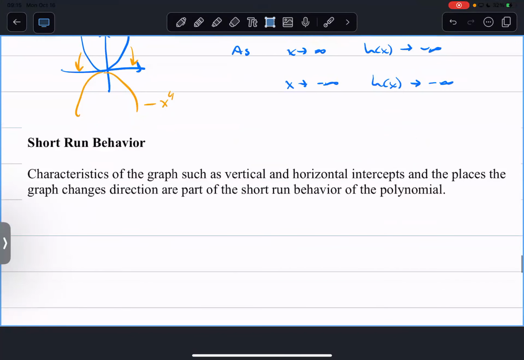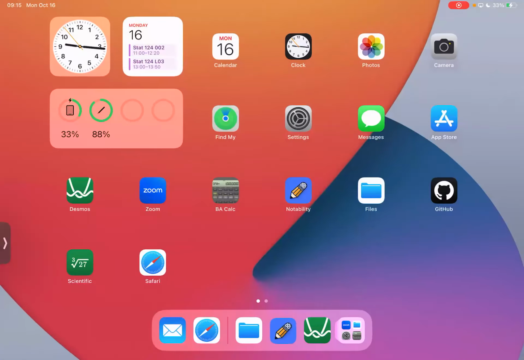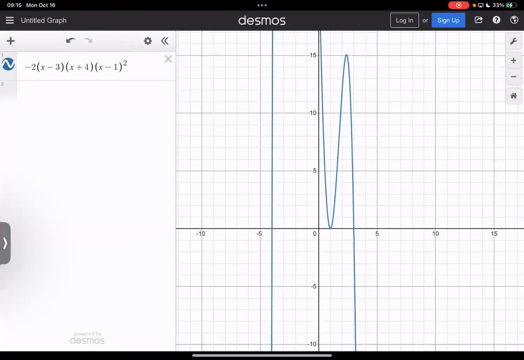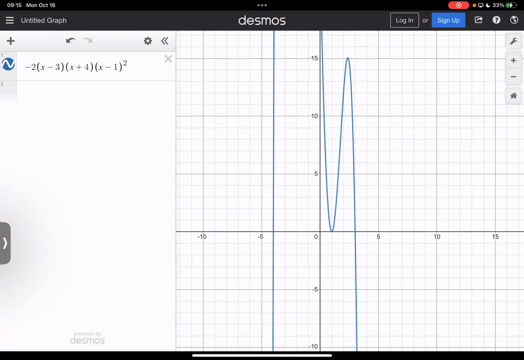So now for the short run behavior, we're going to have things like vertical and horizontal intercepts, and places where this graph changes direction, right? We saw in this graph, it's hard to see, but we can talk about this first change in direction.